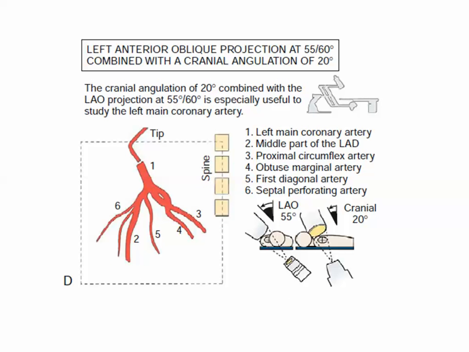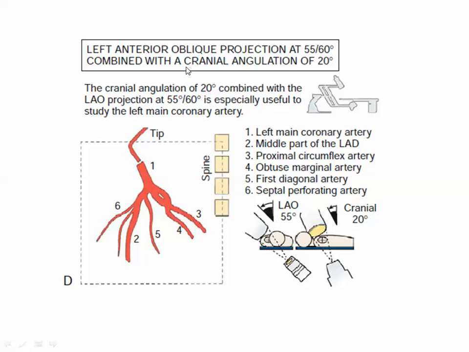What's this view? Here's the spine, so it is LAO. Okay, so it's LAO. It's the head of the patient, LAO 55. And then this is the tube. After going to the left, it's going toward the camera. After going to the left, going up. So it's LAO what? Cranial.